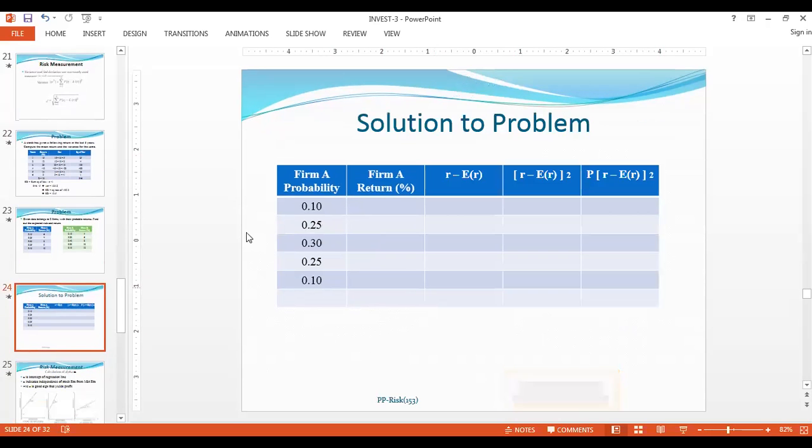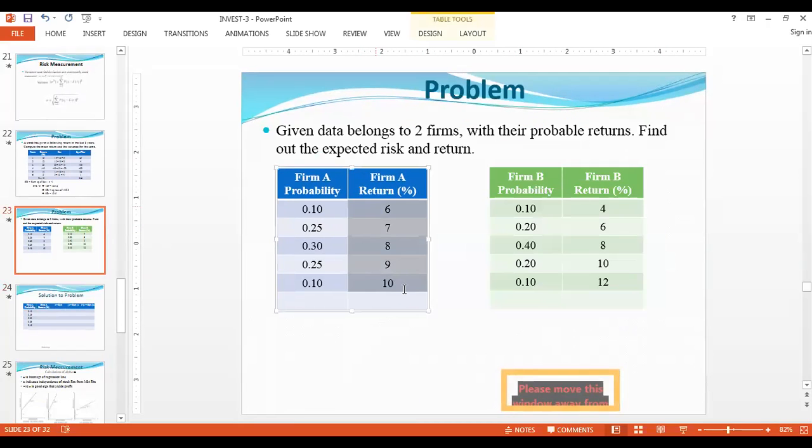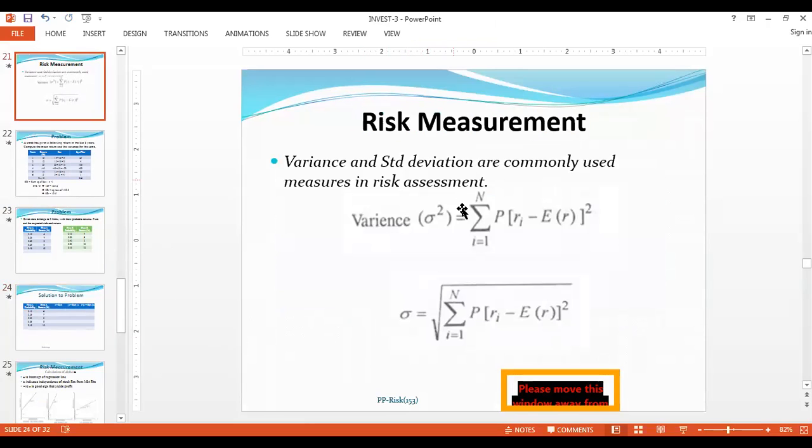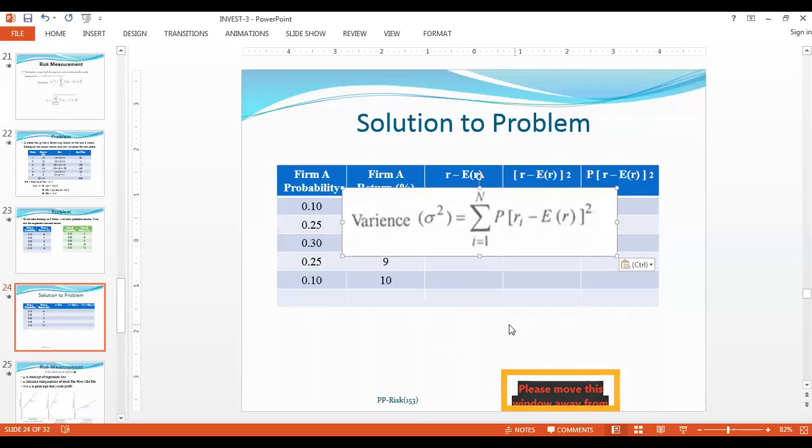Okay. Now we'll try to find out the solution. I'll just note down these returns here. Now remember, for your simplicity's sake, I will just copy this formula here so that you'll be able to understand what we are doing.